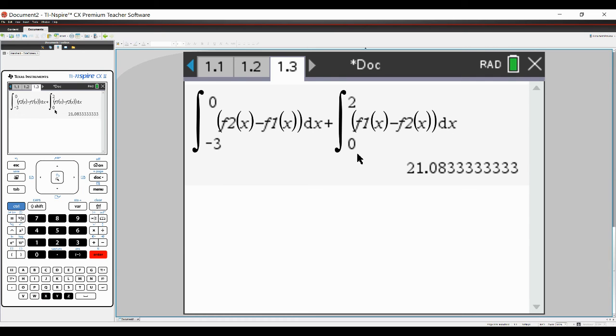It comes out to 21.083, and if I add the numbers that I've written down, not quite the same. Okay, so I would use that first method on the AP exam. But that second method definitely bears looking into, because that's a really close approximation.